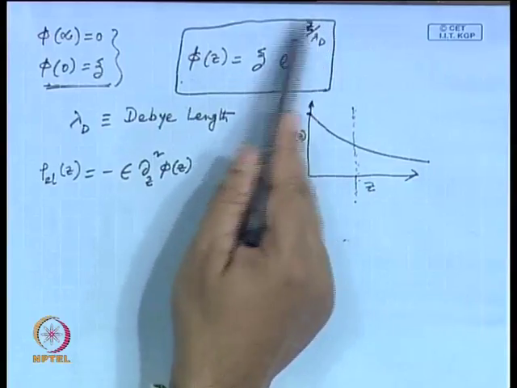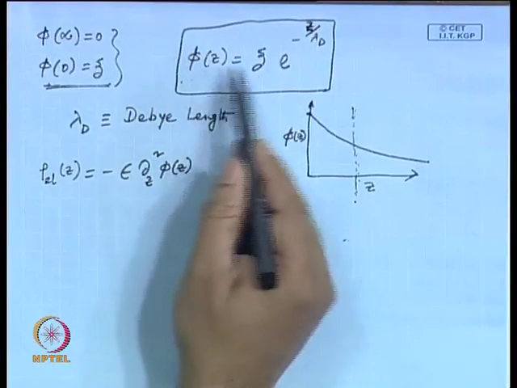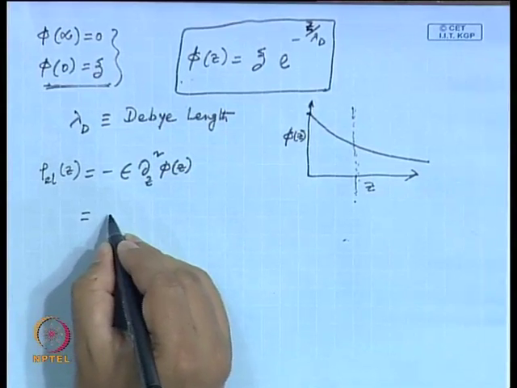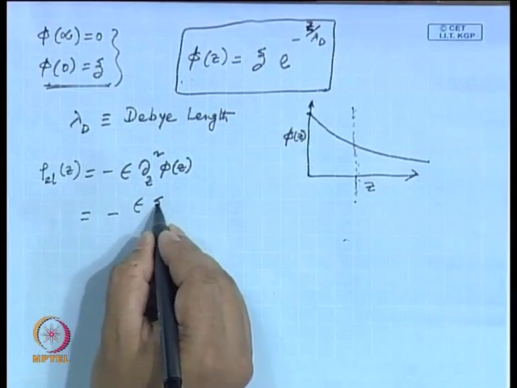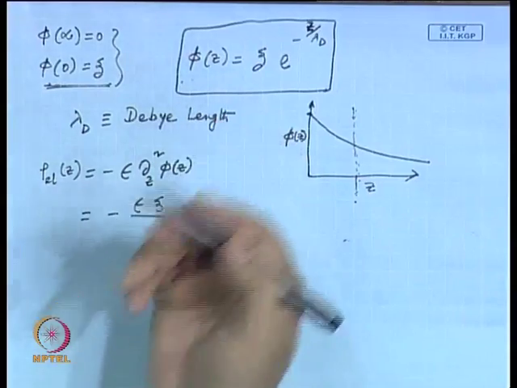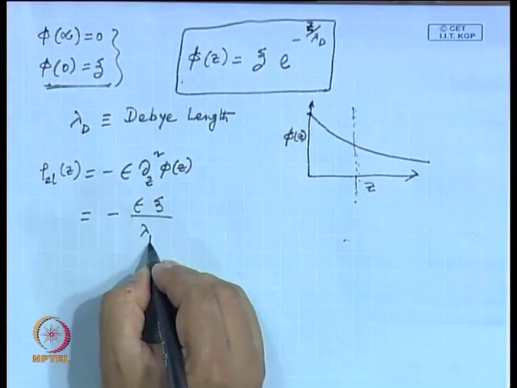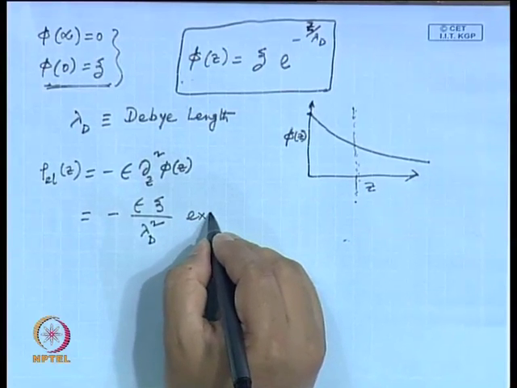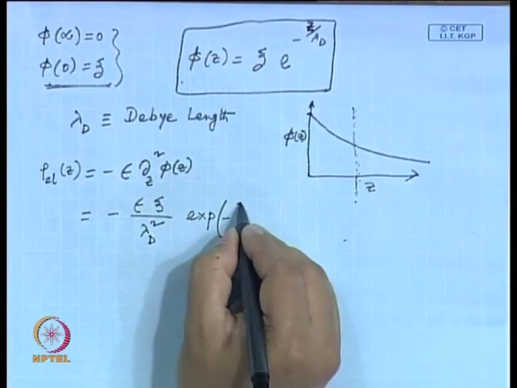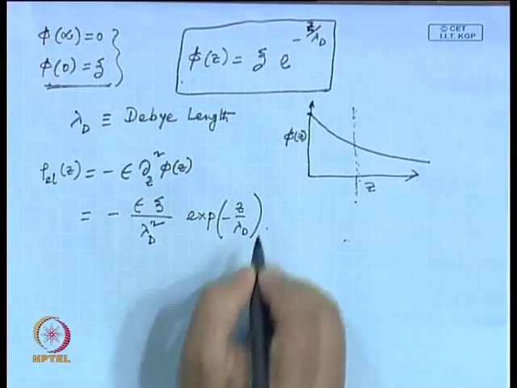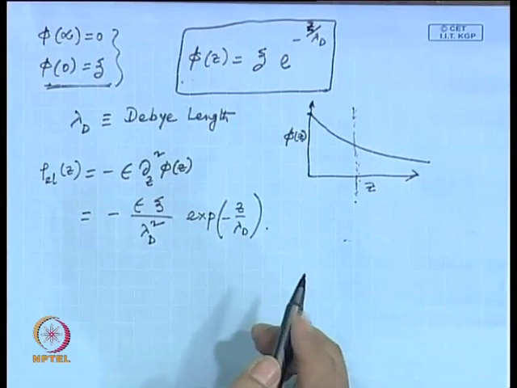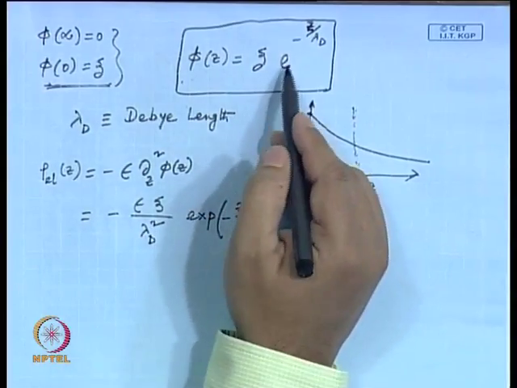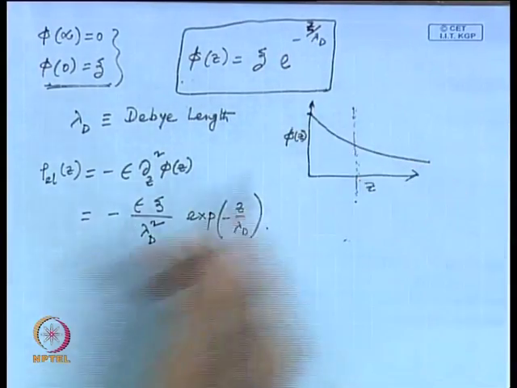If this is the expression for phi, you take the second derivative of it, and you will see minus epsilon zeta, with a lambda d square because you are taking the derivative 2 times, exponential of minus z by lambda d. So, basically it is epsilon zeta by lambda d square e to the power minus z by lambda d, that is what you get.